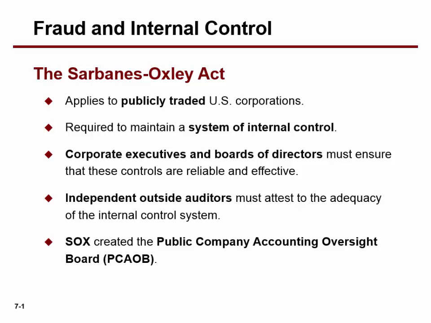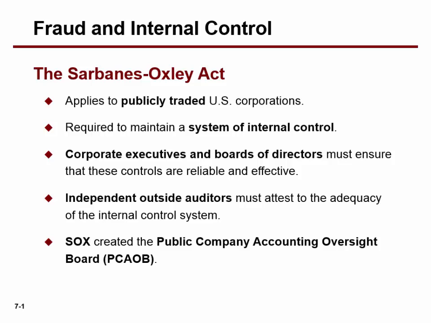Okay, so if you take a look at this slide dealing with internal control, we mention it in this chapter because if you have cash, cash is something that is going to be subject to theft, etc. And so this is something that we are absolutely going to want to make sure that we have the appropriate internal controls over. Now, if you're a publicly traded company, you are mandated under something called the Sarbanes-Oxley Act to have the appropriate internal controls.